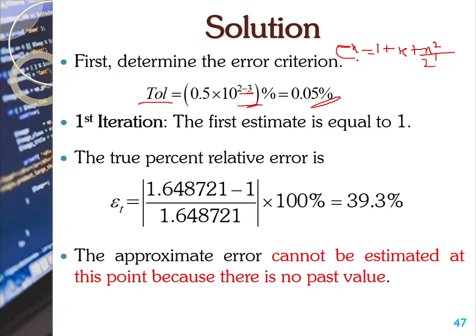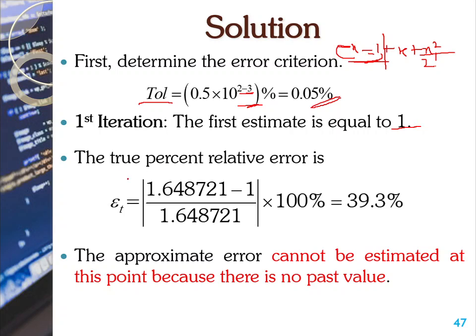If we take only the first term and forget the rest, then even if we put in x, we are still going to get 1. So for the first iteration, when we consider only the first term, our answer is equal to 1. Now let's see how we calculate our error from this first iteration, that is when e^x is equal to 1.